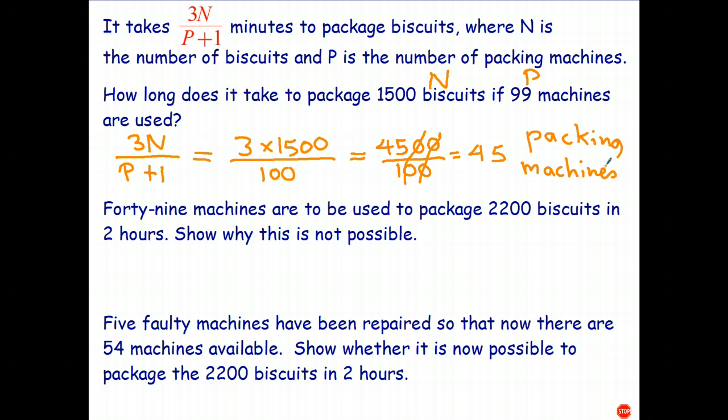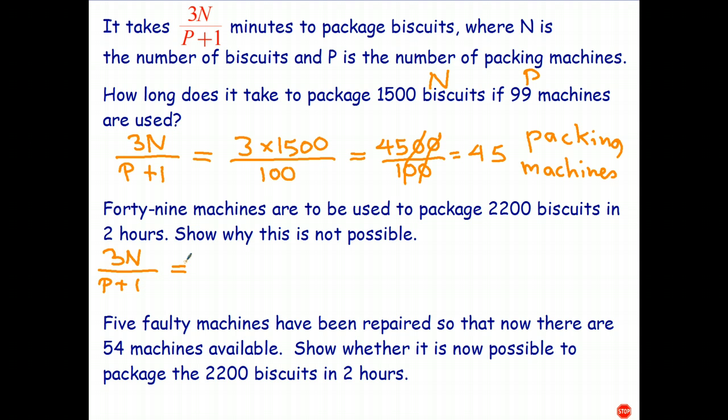So once again, we start with an expression, we substitute the values, and then we have to evaluate. Next question, 49 machines are to be used to package 2,200 biscuits in 2 hours. Show why this is not possible. Once again, we're going to start with 3n all over p plus 1.